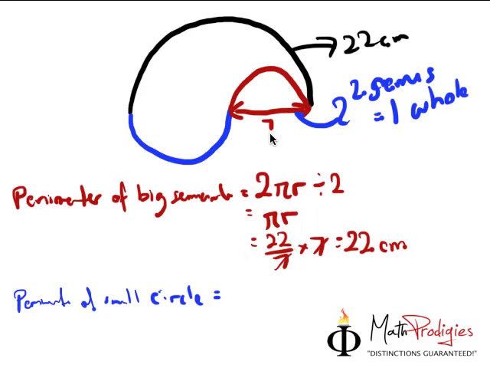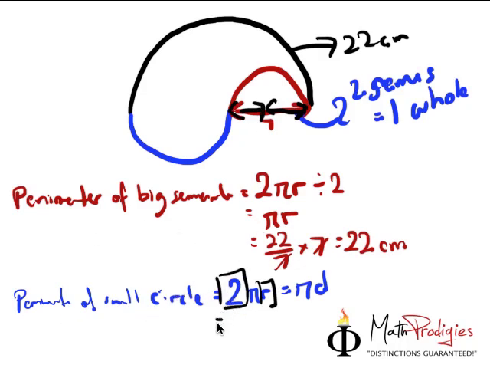By the way, 2 pi r can also be written as pi d. Why? Because 2 times r, 2 of this, gives you 1 diameter. So let's try using pi d, since it looks pretty simple.